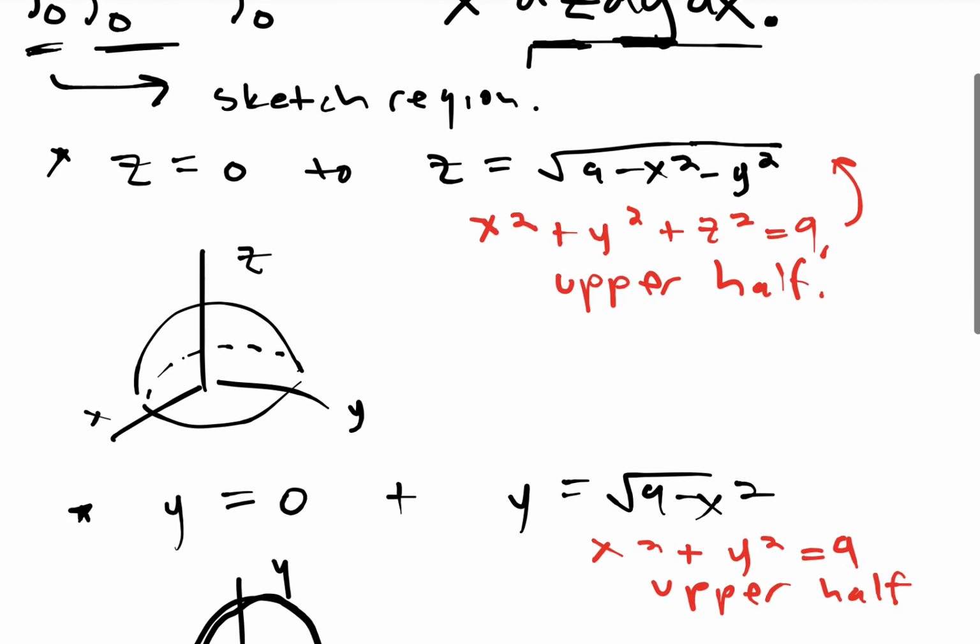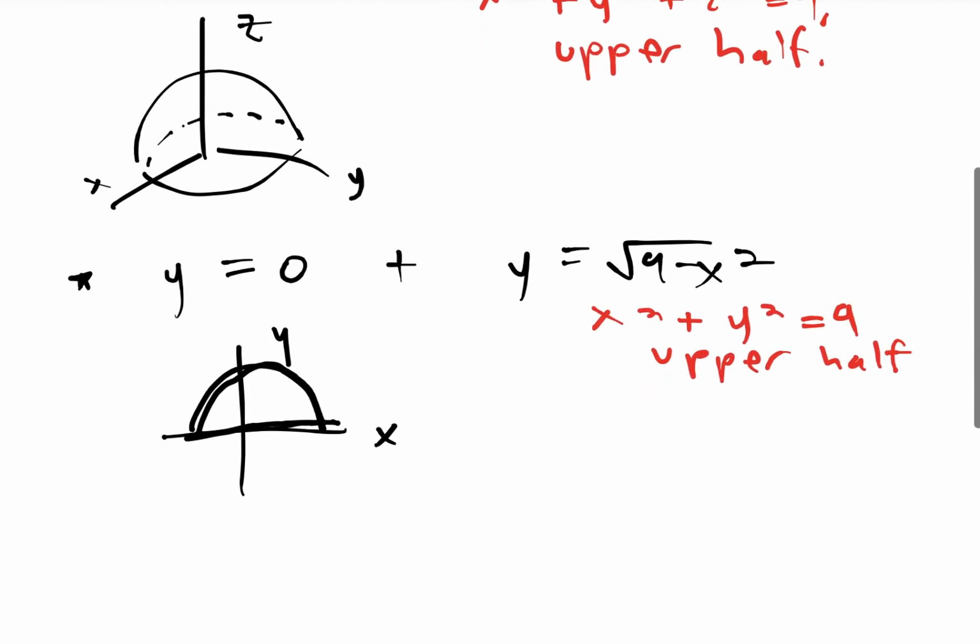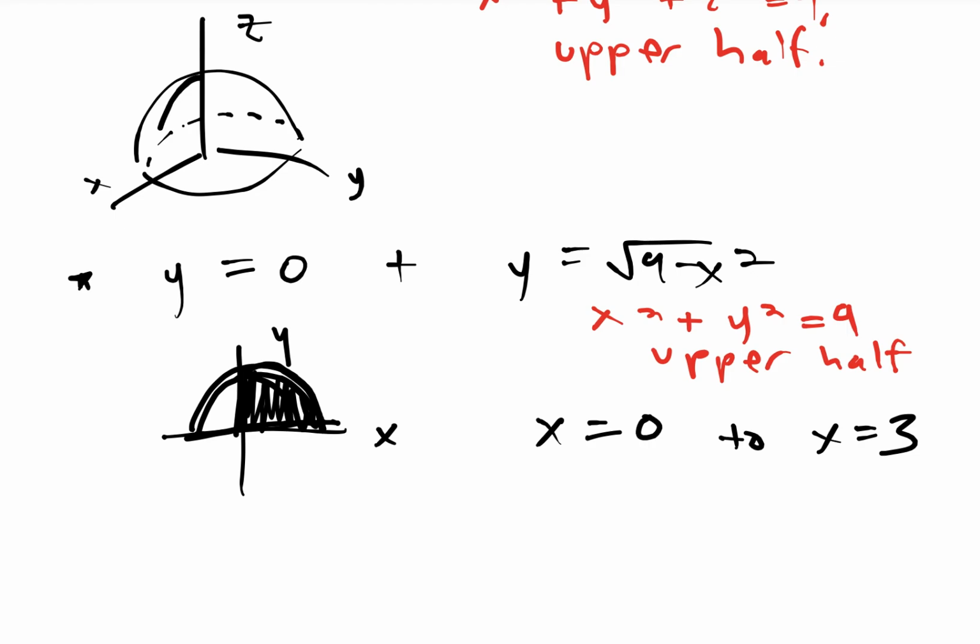Which portion? The last bound that we need to take into account is that x is stuck between 0 and 3. That means we don't even care about the whole half circle, right? If I'm going from x equals 0 to x equals 3, I'm just worried about this bit that is above the first quadrant, okay? So just that section here.